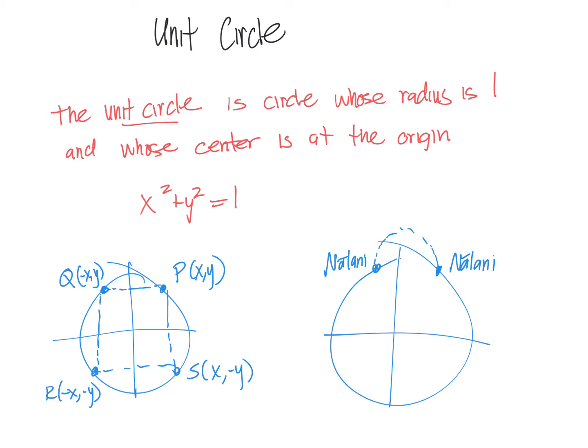Or maybe a wind would come from over here and it would go through the va'a or your canoe and end out there, also in Nalani. Or again, a star rises and sets over here in Nalani. We have these symmetries that happen. Okay, and symmetry that goes all around.